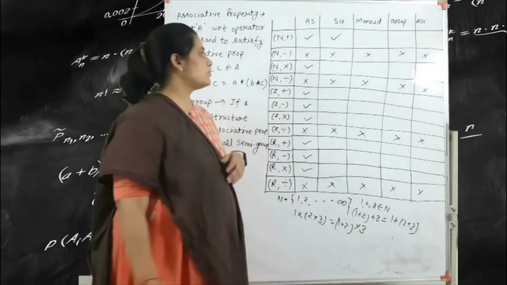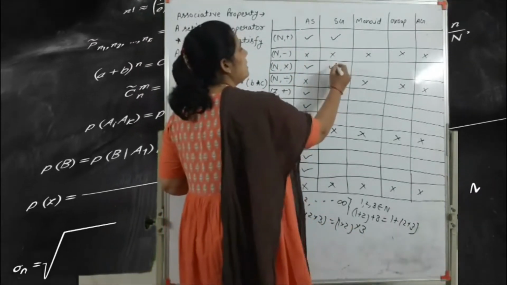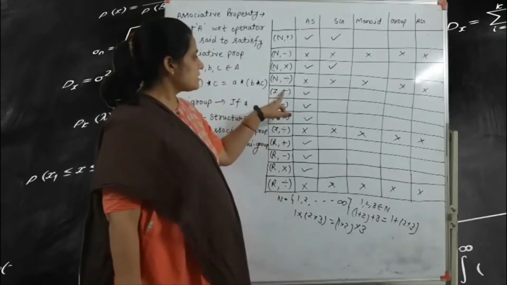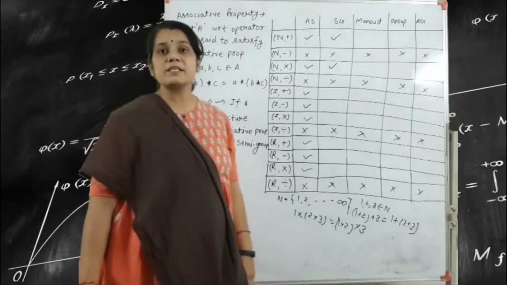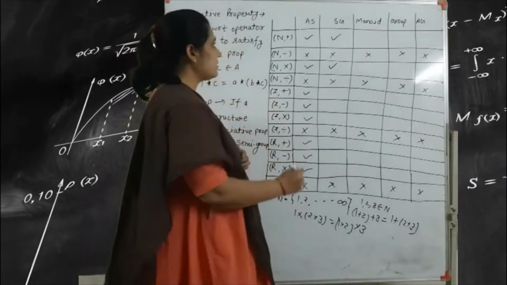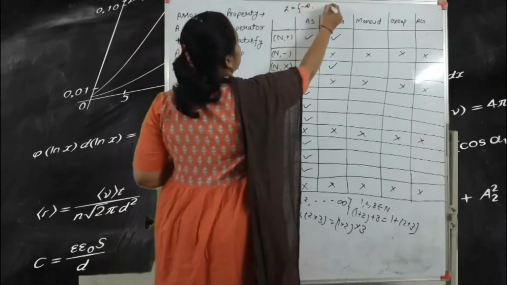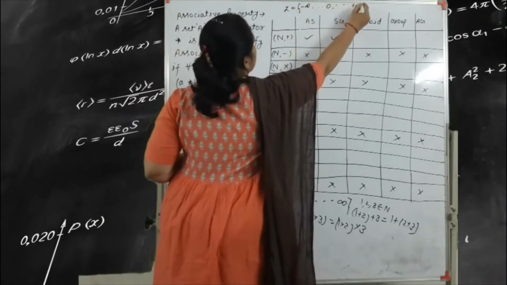So 6 equals 6. That means N multiply satisfies the associative property. Next one is Z plus. Z means minus infinity, 0, and plus infinity.